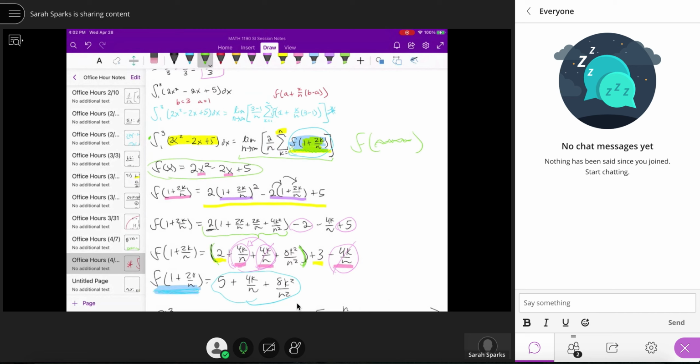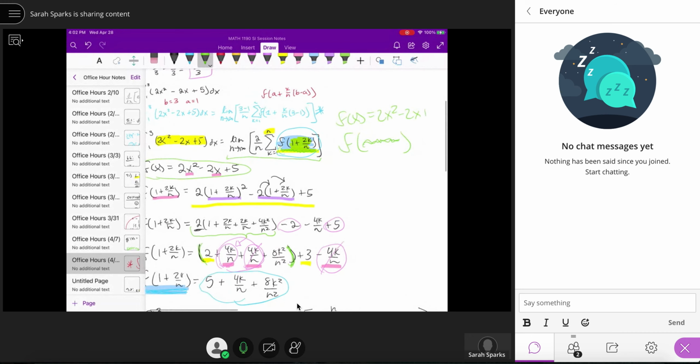And so our function that we were given, which we can call f of x, because x is our variable, is 2x squared minus 2x plus 5. Now, with this formula that's inside the summation, they want us to find our same function of this 1 plus 2k over n.